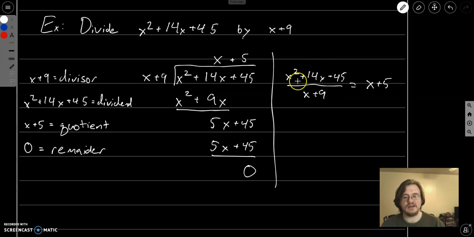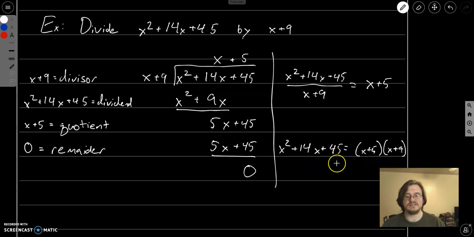Another way of writing this down is, instead of saying the top divided by the bottom is equal to this thing over here, I can say our dividend is going to be equal to x plus 5 times x plus 9. So this factors exactly. This is just one of those nice situations where we have a polynomial that factors.